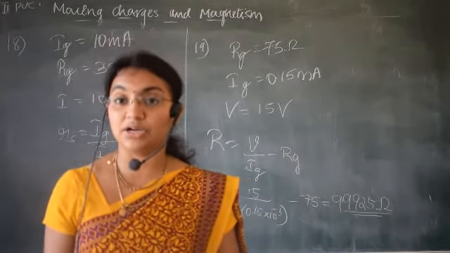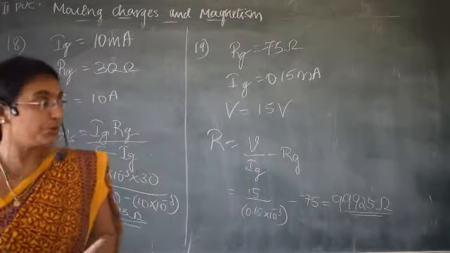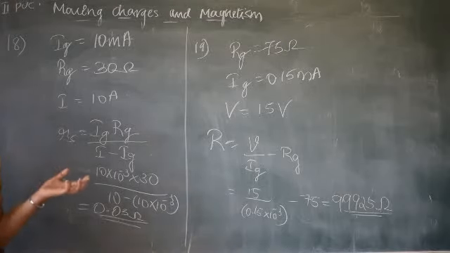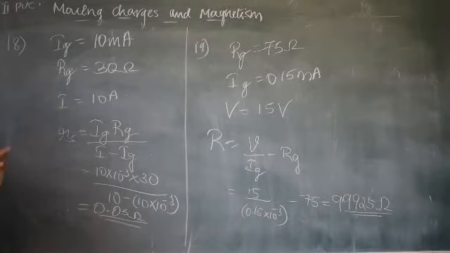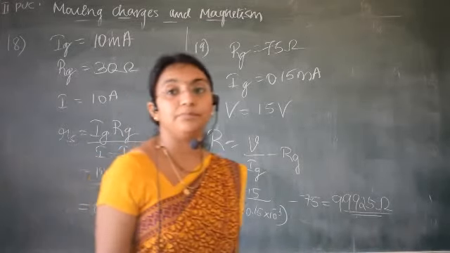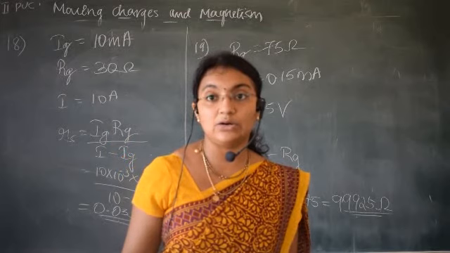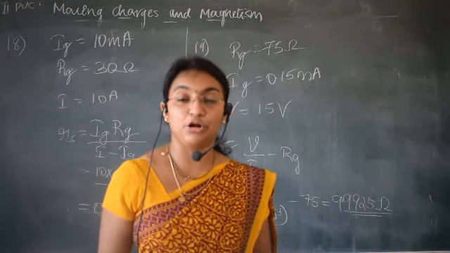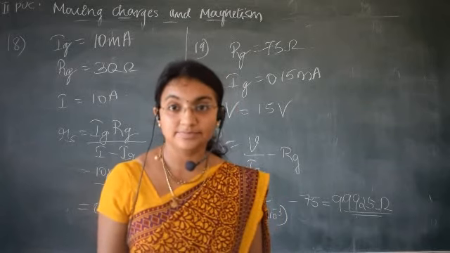So I is equal to 6 ampere. Use this formula and solve, and you will get the answer. The last sentence of that problem should be that you have to connect that particular low resistance in parallel with the galvanometer to convert it into an ammeter. Understood? Any doubts? Please try to solve as many problems as you can. Okay? Thank you.